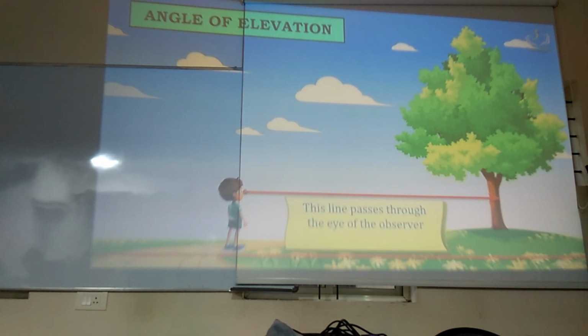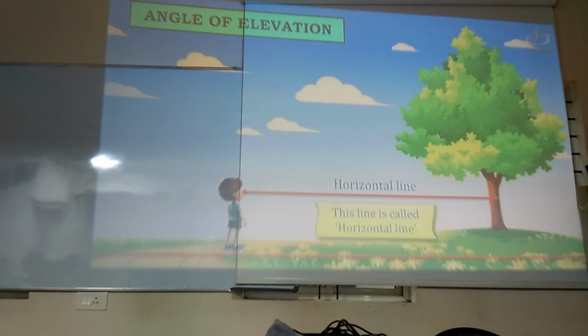Horizontal line: the line passing through the eyes of the observer that is parallel to the ground is called the horizontal line. Clear? Horizontal line.